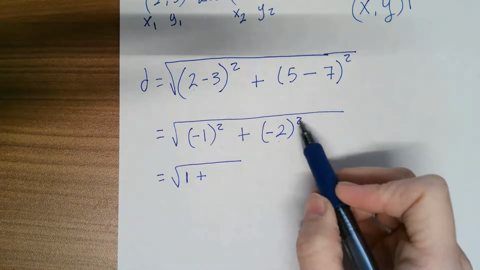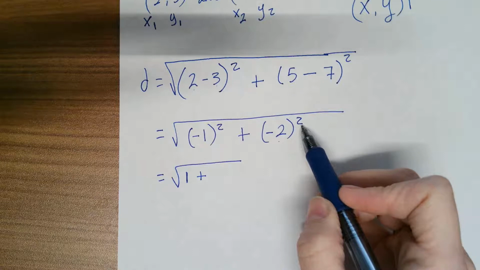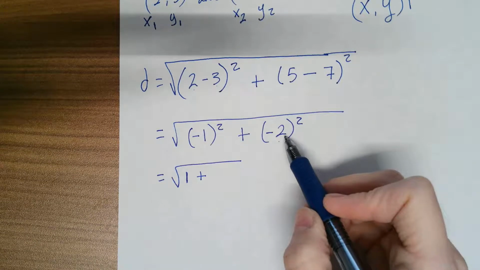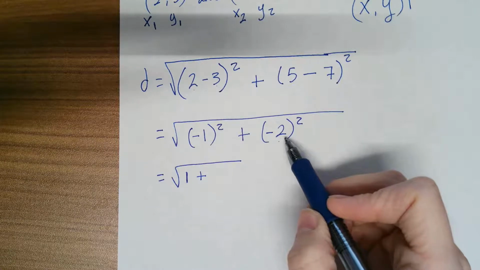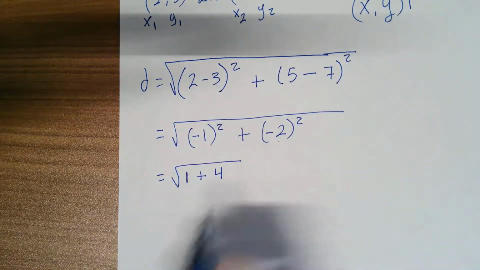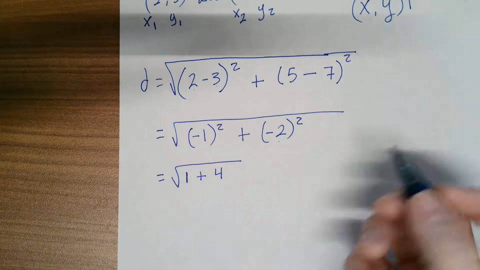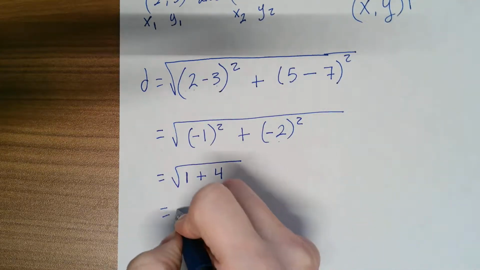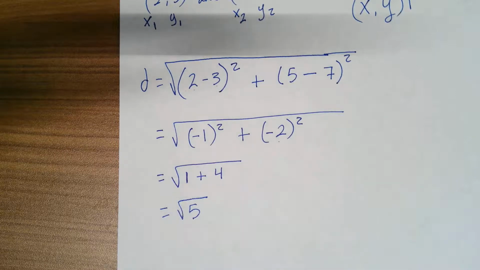So again, squaring a number just means to multiply it times itself. So this means -2 times -2. A negative times a negative is a positive, and 2 times 2 is 4. So I get 1 plus 4. Now we can add those together, and I get the square root of 5. So the distance between my 2 points is the square root of 5.